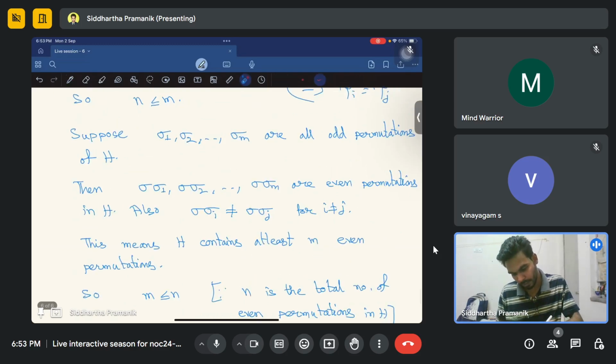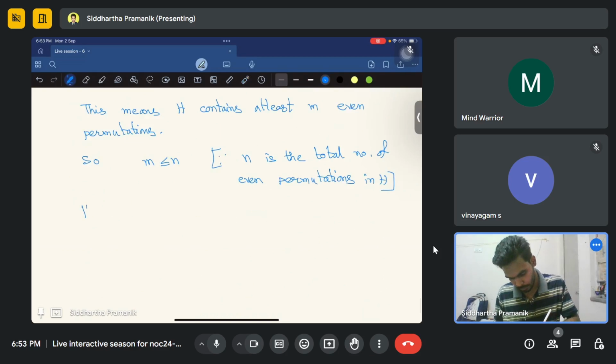So now combine these two: n is less than or equal to m and m is less than or equal to n. So hence m is equal to n.